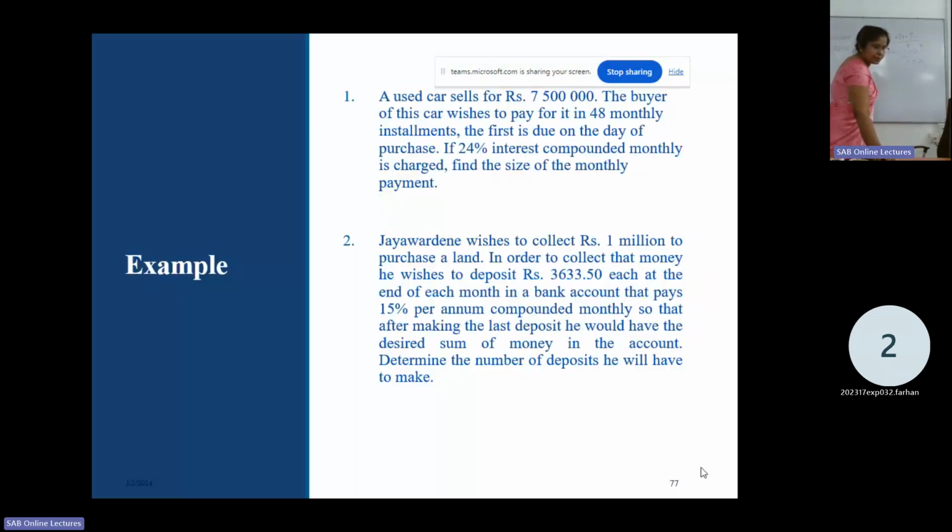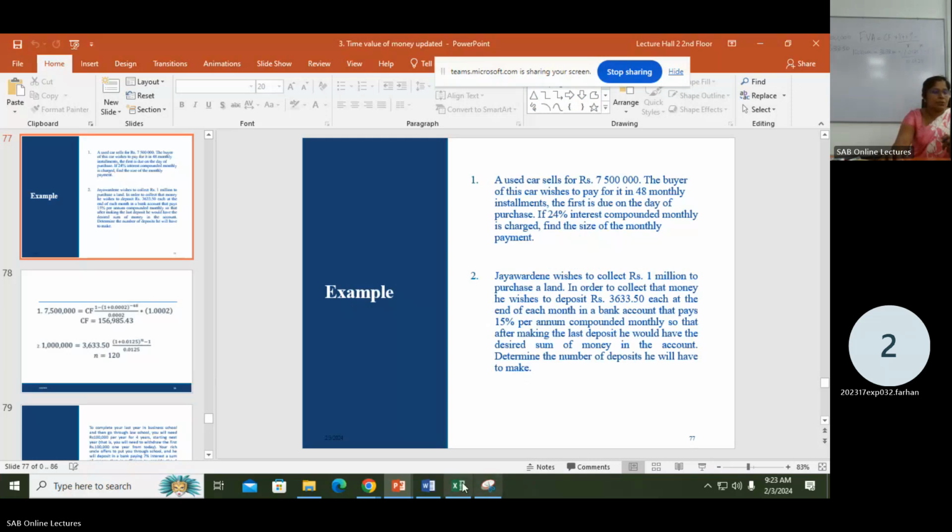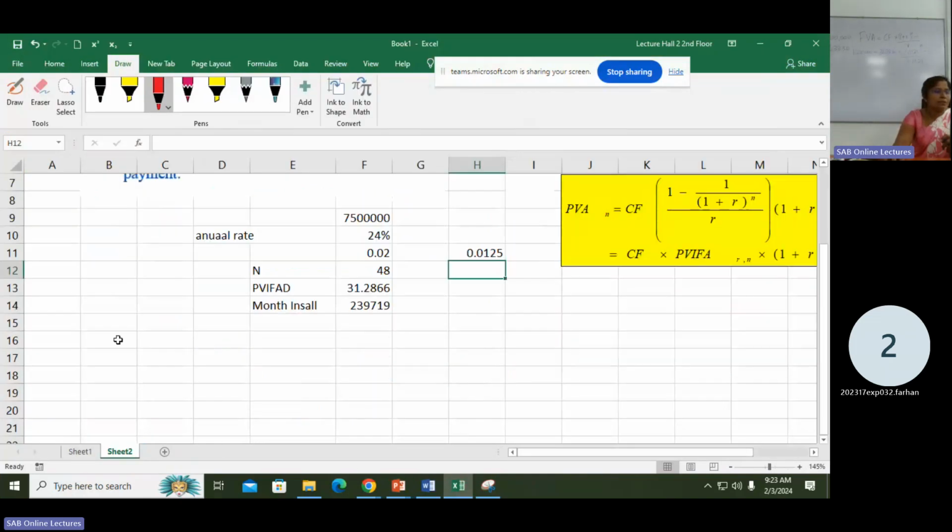This is your fraction, right? So to solve this, first you can divide 1 million by 3633.50.